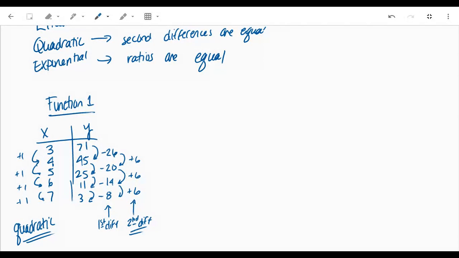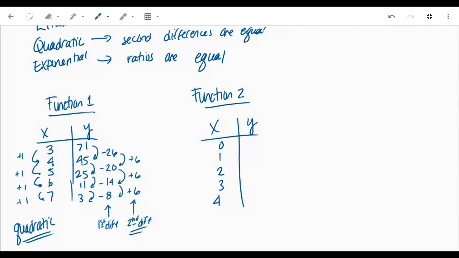Okay. Function 2. 0, 1, 2, 3, 4, and 6, 18, 54, 162, 486.